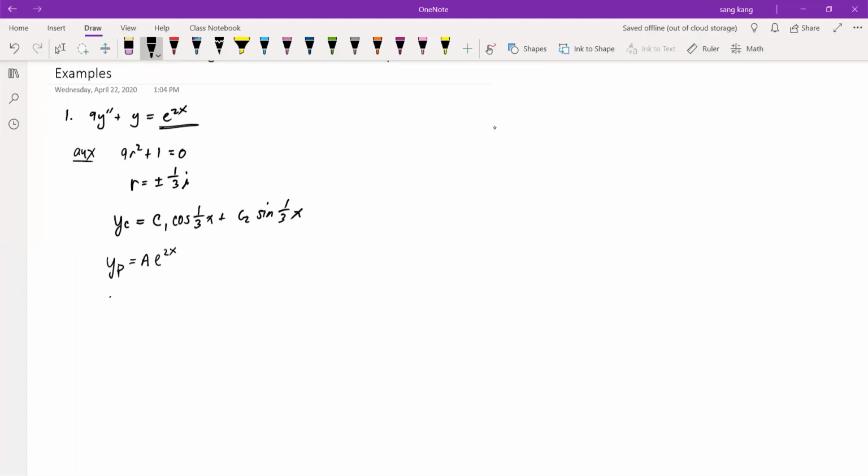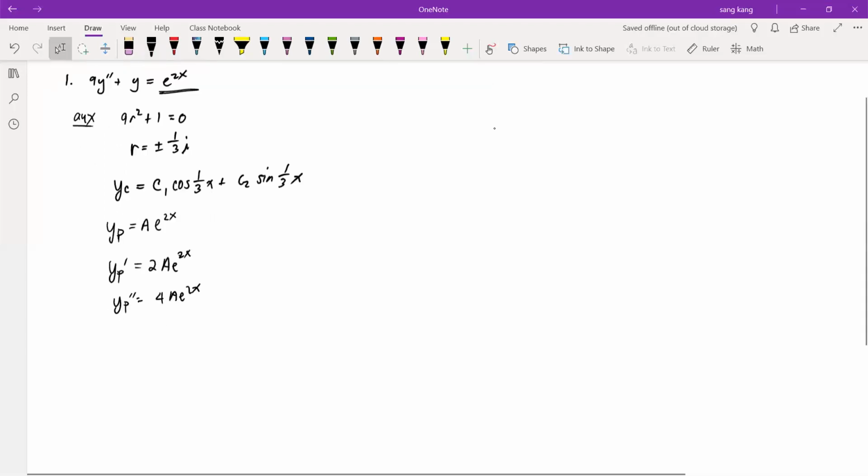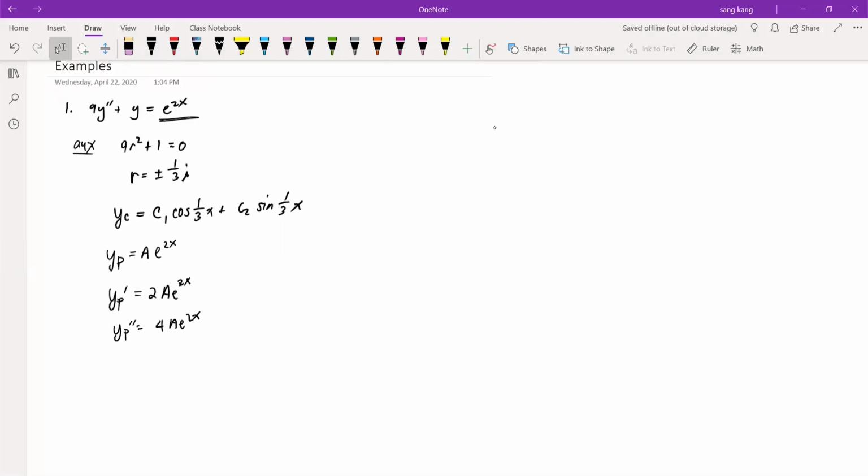We want to find the first derivative and the second derivative. So here's the first derivative, 2a e to the 2x, and y double prime is going to be 4a e to the 2x. Let's plug this into our differential equation. 9 times y double prime gives 9 times 4a e to the 2x, plus a e to the 2x.